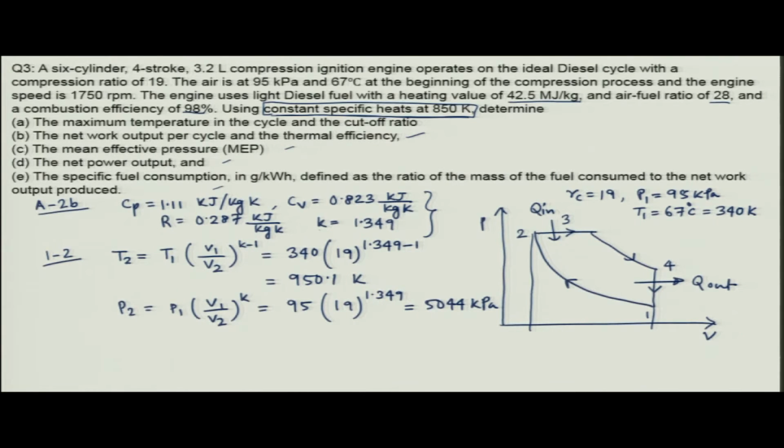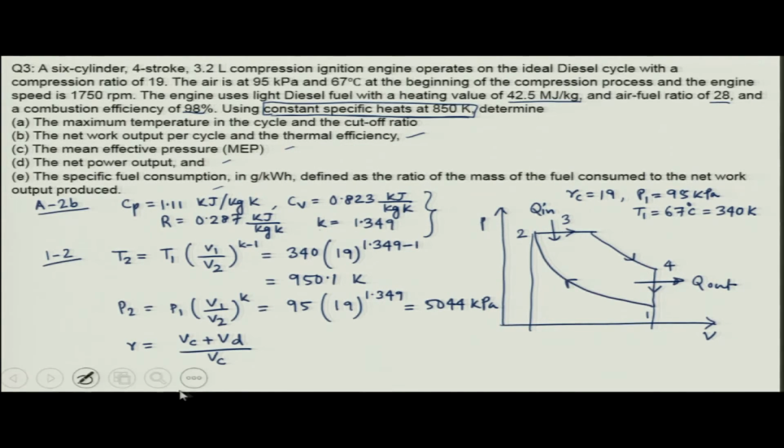Next, we have to find out the cutoff ratio also, but before that we can find this lowest volume. Okay. So, R I can write as Vc plus Vd over Vc.